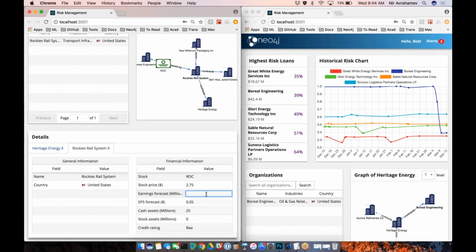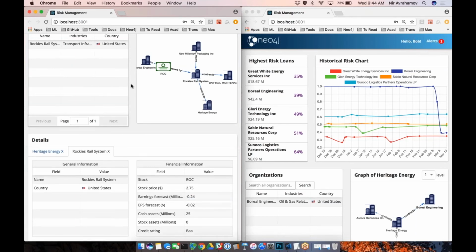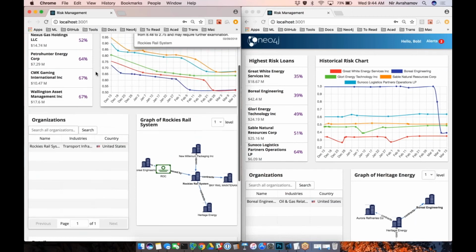And if the railway shuts down, it's going to now have negative earnings. So it'll go from 0.6 million to negative 0.24 million. And again, the earnings per share then also is negative 2 cents.